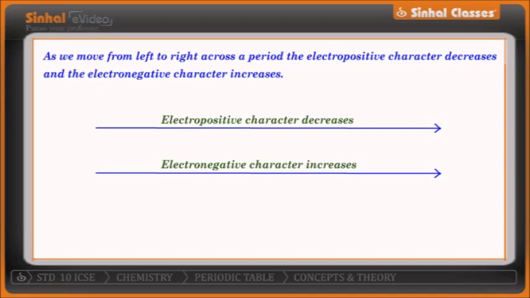Now let's see some of the trends. If you go across the period, the electropositivity will go on decreasing. What is electropositivity? The tendency to donate electron. Whereas the electronegativity will go on increasing as we go across the period from left to right.